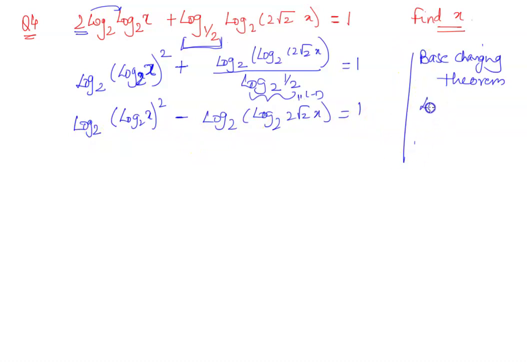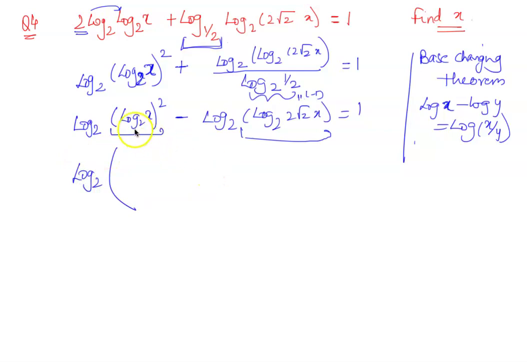We say log of x minus log of y is equal to log of x by y. So we can get rid of this log. We say this is 1 log. So this is basically the numerator, and we get the denominator as this.